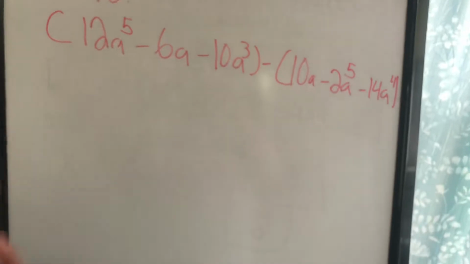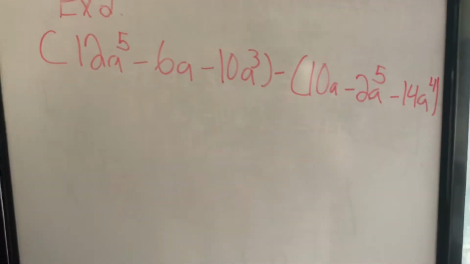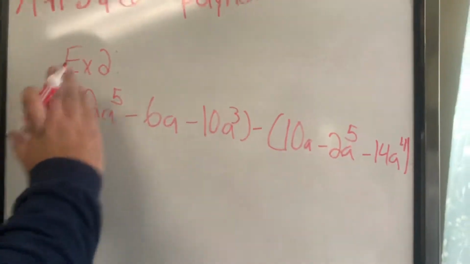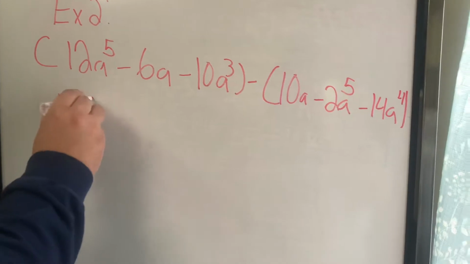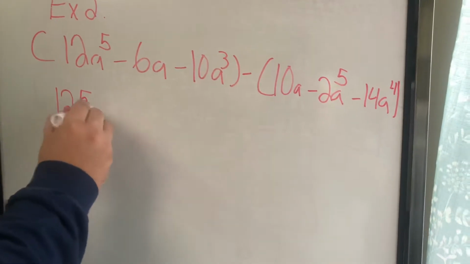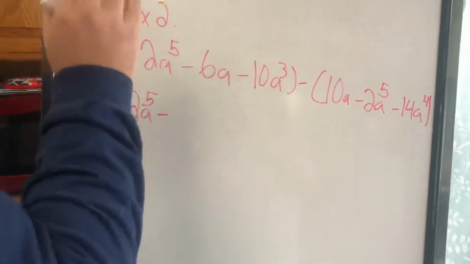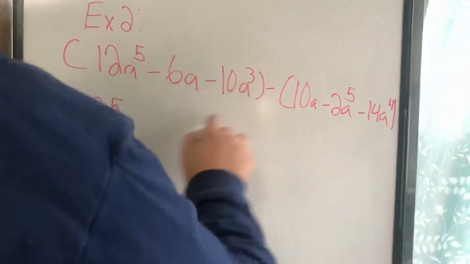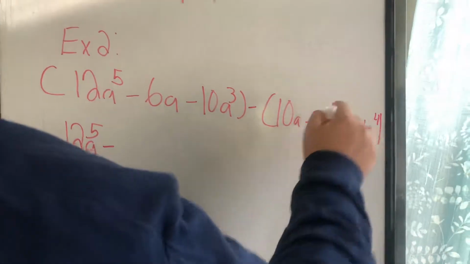Let's start combining like terms, right? Let's begin with the highest exponent. In that case, we have a to the power of 5. Remember, always work from left to right. So we're going to have 12a to the power of 5 minus, here's the biggest mistake that everyone makes. Remember, we're subtracting. That subtraction comes from right here. The one that we're noticing is this right here, negative 2a to the power of 5.